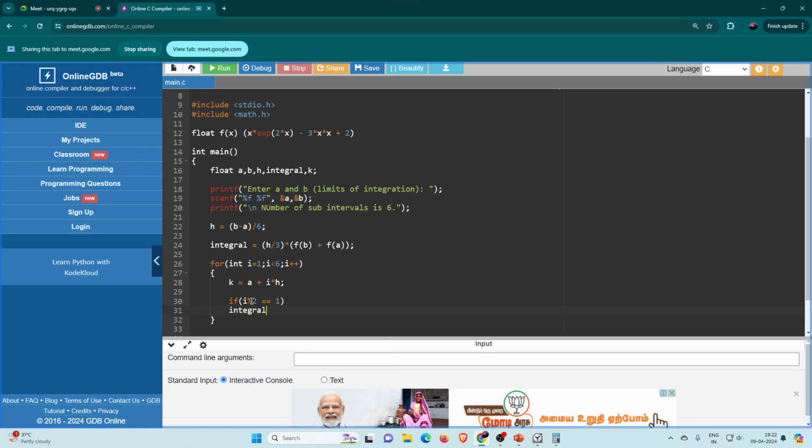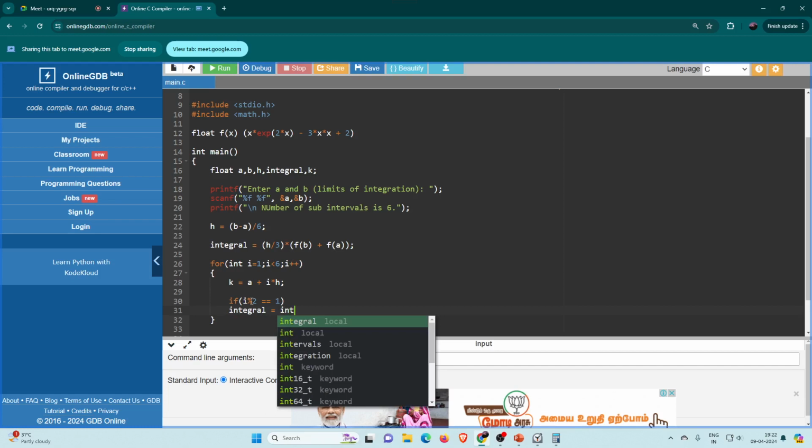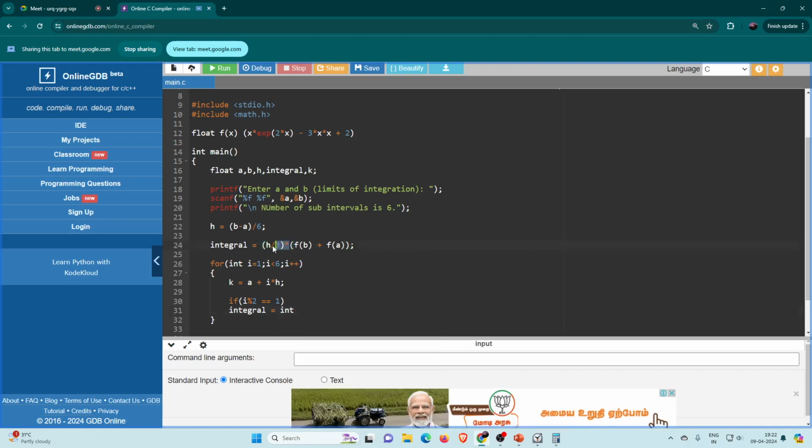I have integral here. Instead of doing this each time h by 3, I will remove this from here and multiply it at the end. I think that is better, right.